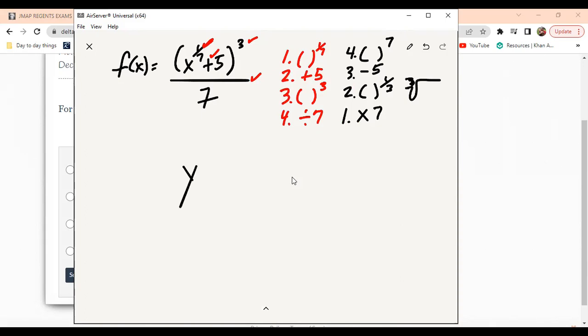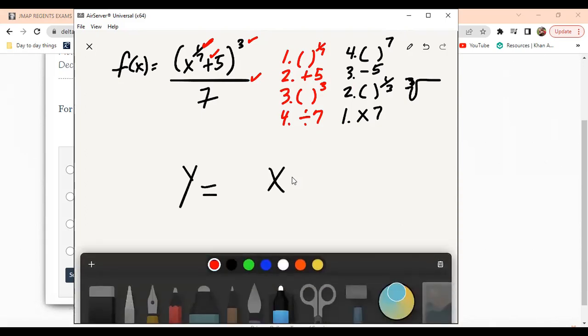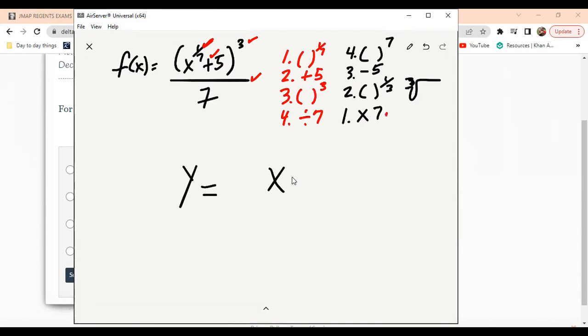So we're going to start with y equals x. And then we are just going to go through and we're going to multiply by 7. We're going to take the third root. And then we're going to subtract 5. And then we're going to raise this whole thing to the 7th power. And that is our inverse.